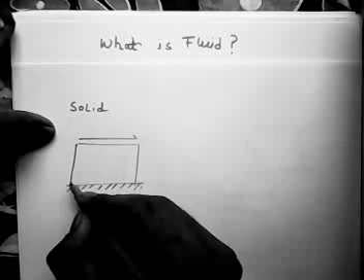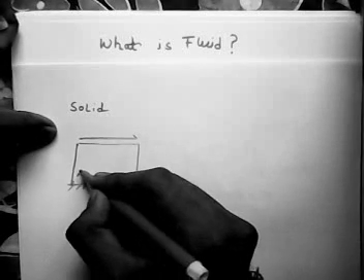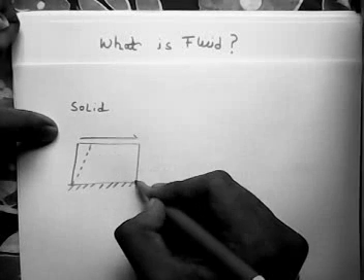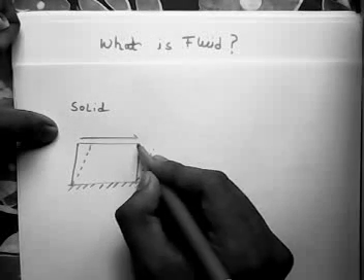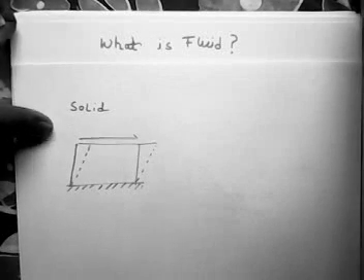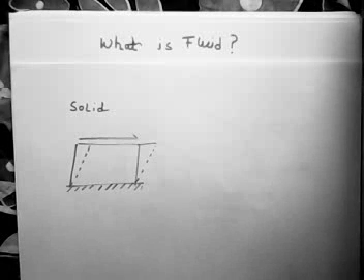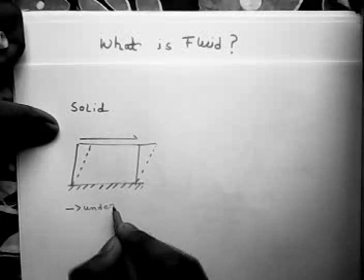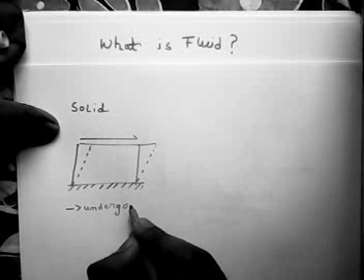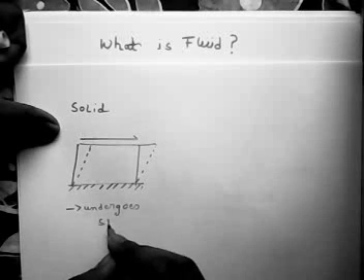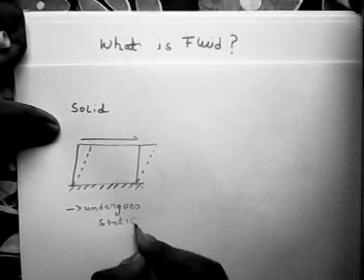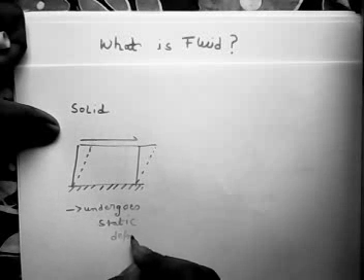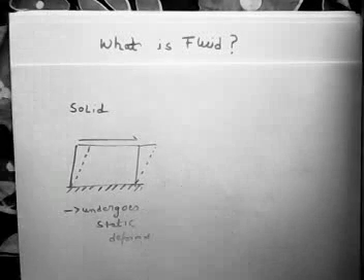Due to application of this parallel force, the shape of the body changes. The body undergoes static deformation, because at some time it will be in equilibrium after certain deformations.